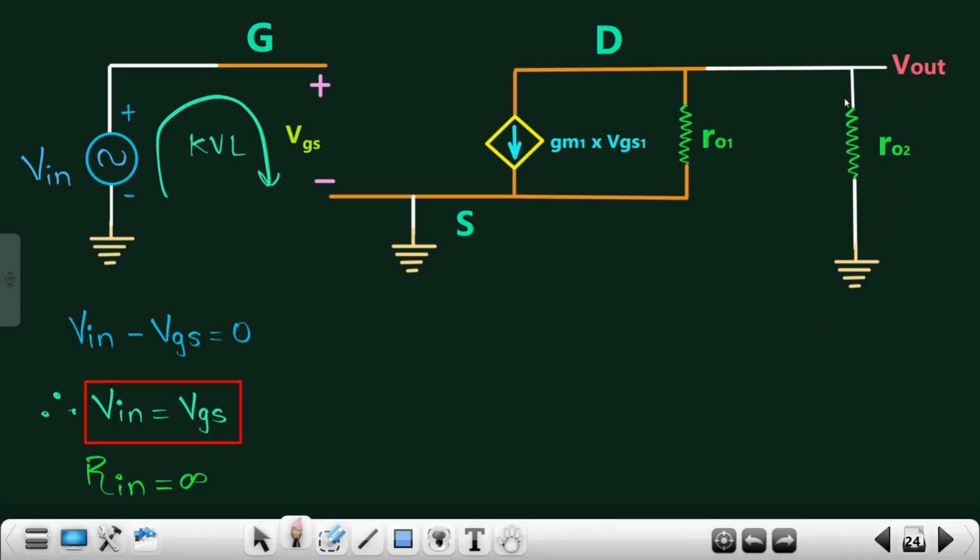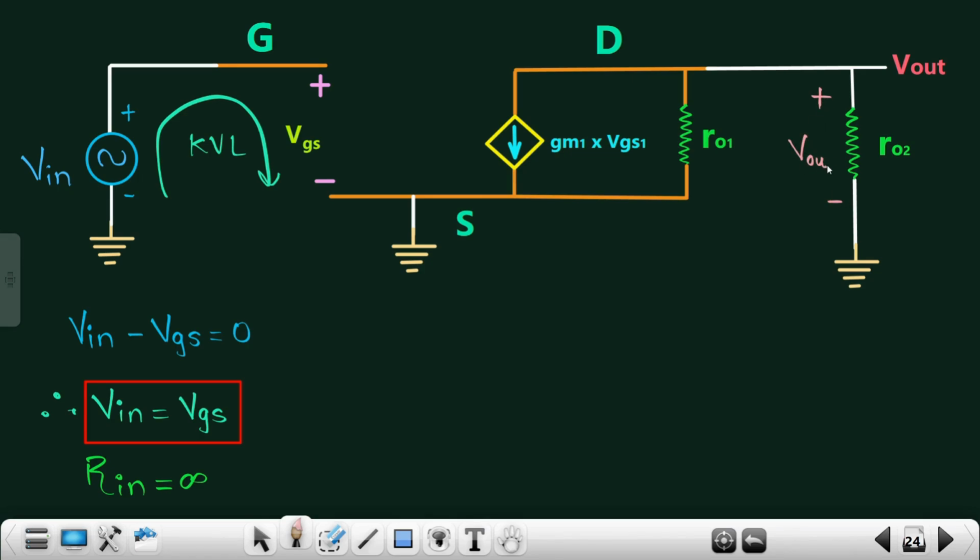The output voltage V out will get reflected over here as well, because RO2 and RO1 are in parallel. RO1 is connected between the drain and source terminals, but the source is grounded, so RO1 and RO2 are both in parallel, and the voltage across RO2 is V out.